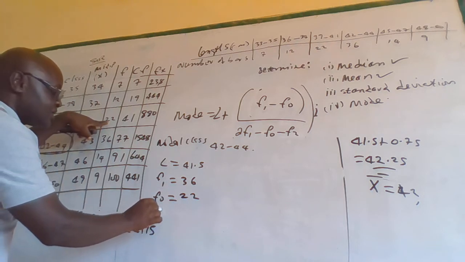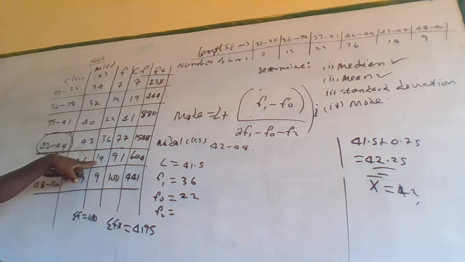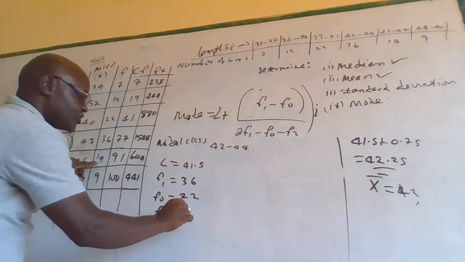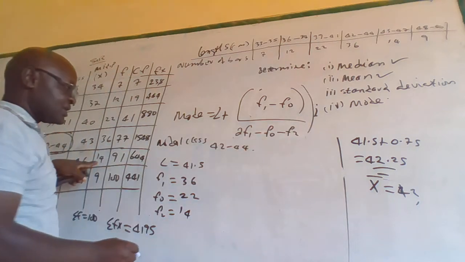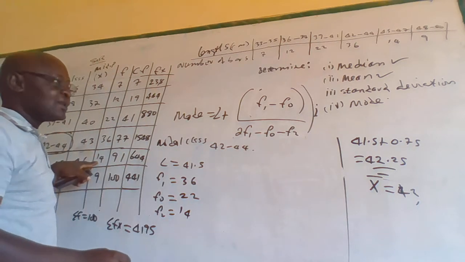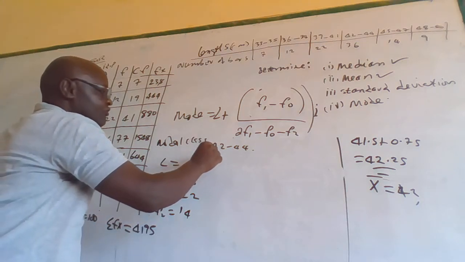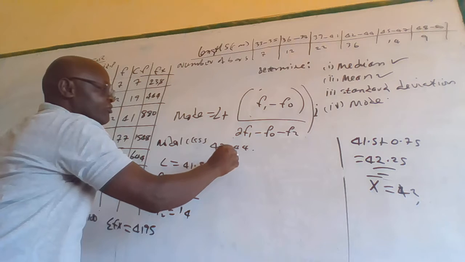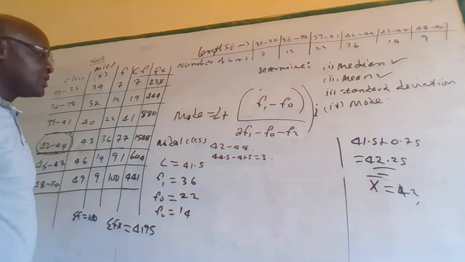And then F2 is the frequency below the modal class, which is 14. And then, of course, i is the upper limit minus the lower limit. So you take 44.5 minus 41.5, which equals 3.